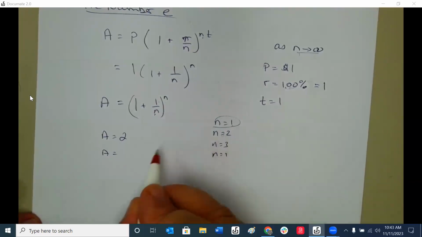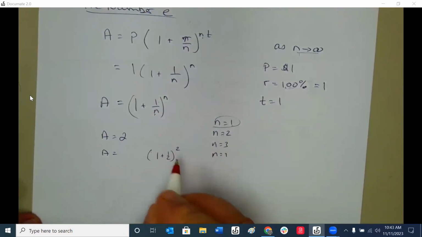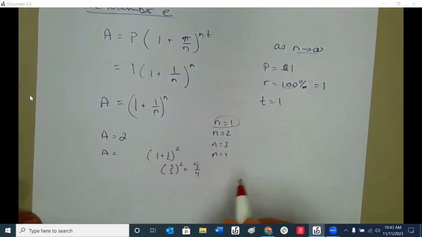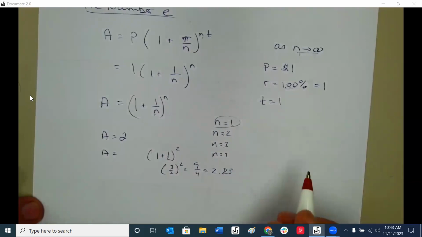When n is 2, we get 1 plus 1/2 to the power 2. So it's 3/2 to the power 2, which is 9/4, which is 2.25.